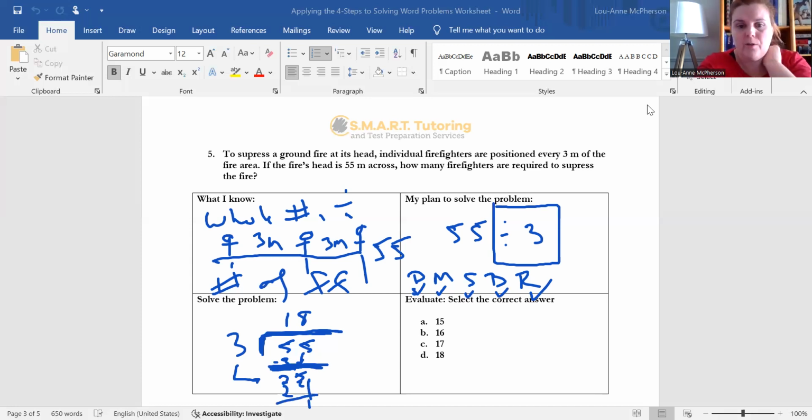Now, you notice that you have no numbers to bring down. You're going to put a decimal up top. And then once you do that, you can put in as many zeros as you need to continue to divide. You do that one at a time. Okay, so you're going to bring down a 0 and you're going to make that a 10. 3 goes into 10 3 times.